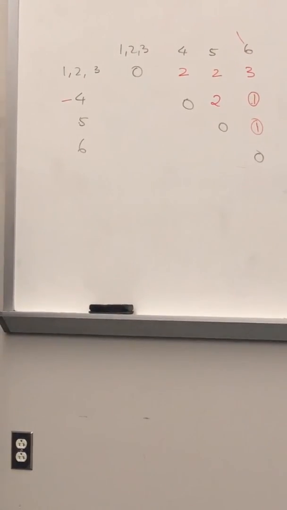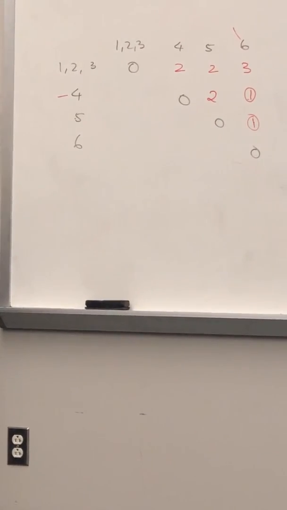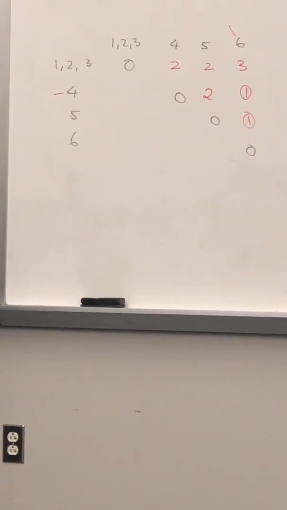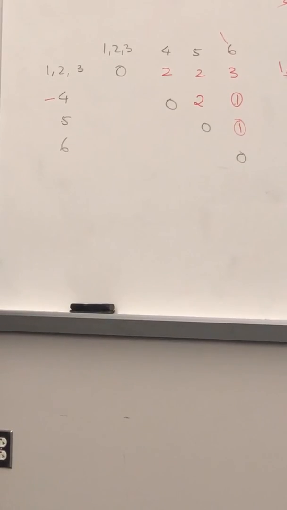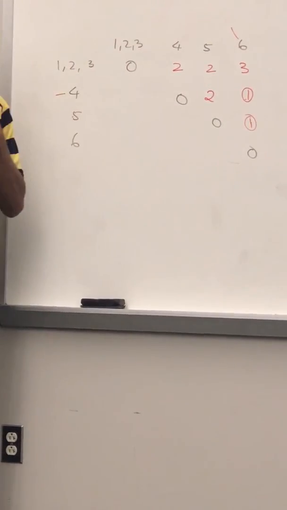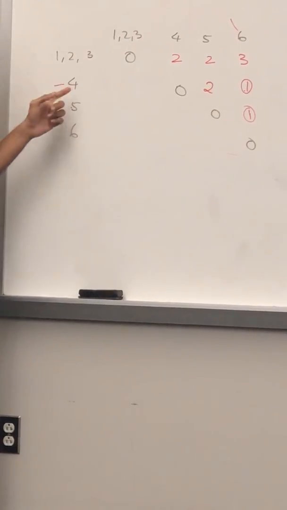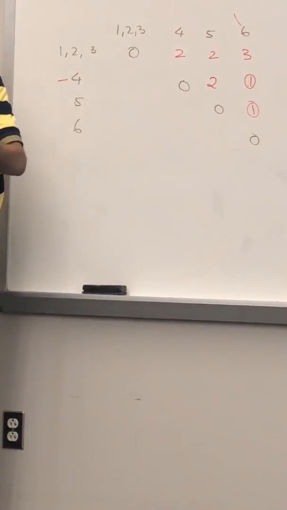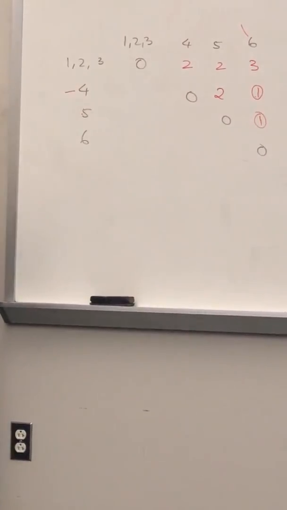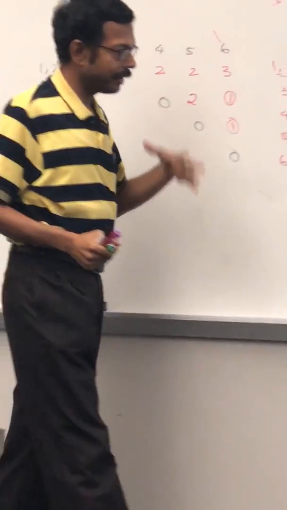How would you break the tie? Arbitrarily. You could pick any vertex pair, we don't need to worry about that. You could pick 4, 6 and combine them, or 5, 6 and combine them. It's up to you. We'll pick 4 and 6 to combine.